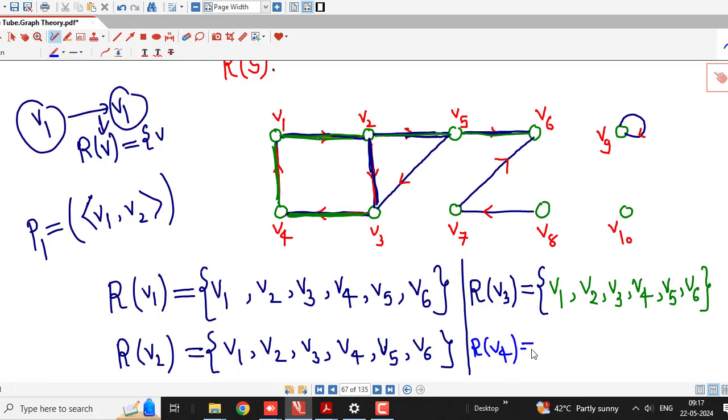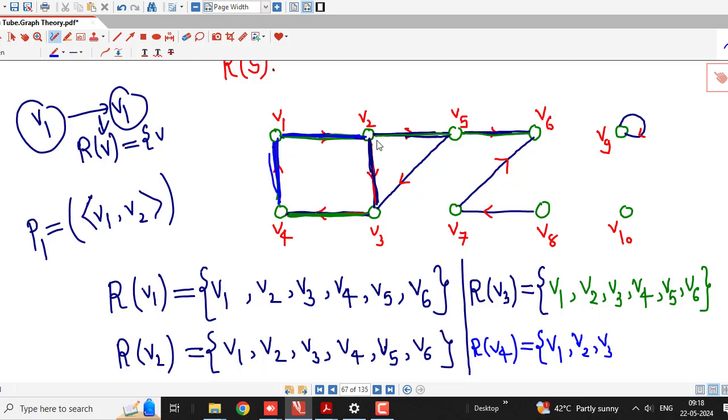Now we find the reachable set for v4. R of v4. We start with v1, so there is obviously a path from v4 to v1, so we will include v1 as well as v2 and v3 also. You can see this is a path from v4 to v1. Then if we consider these two edges, it is a path from v4 to v2.